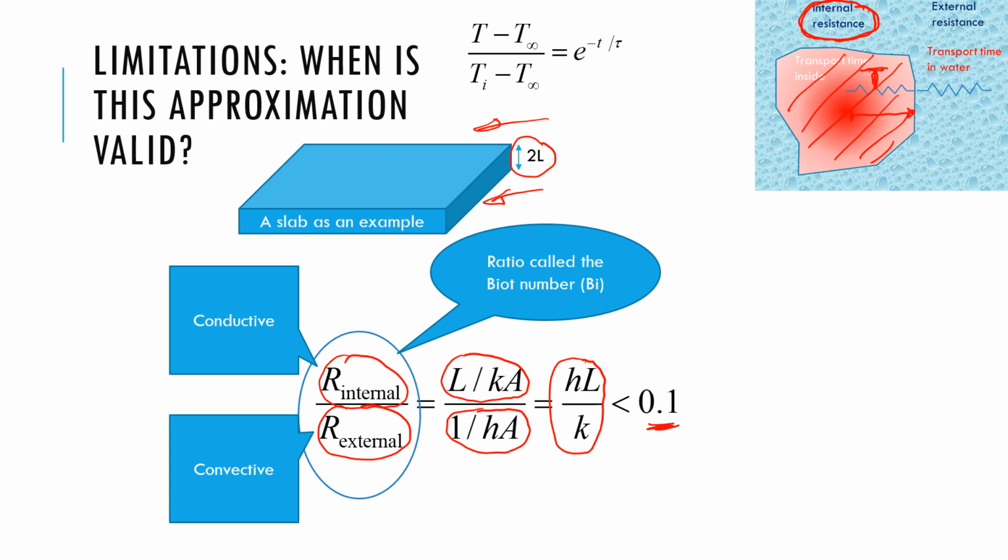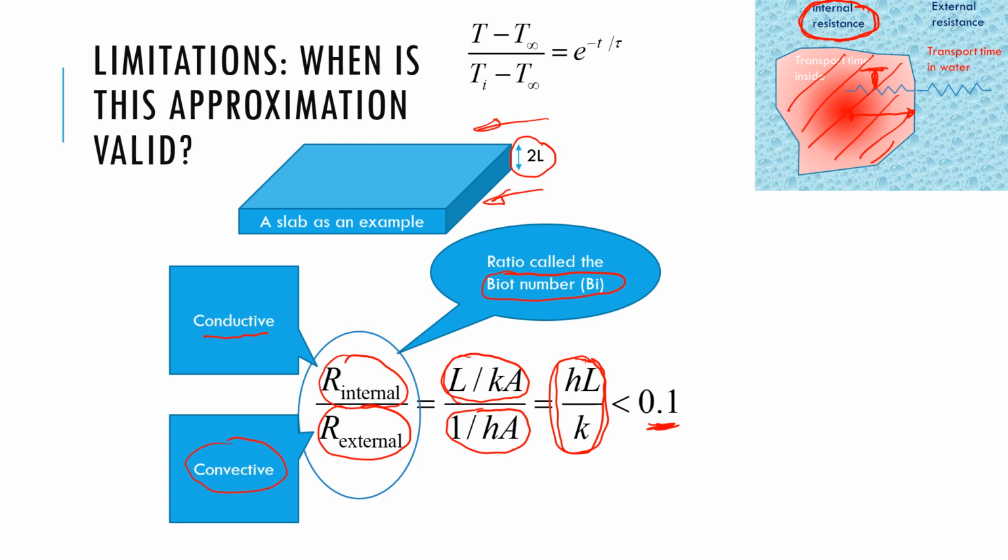Again, these resistances are inside, the conductive resistance L over kA, and outside, the convective resistance, and this ratio hL over k is called the Biot number.